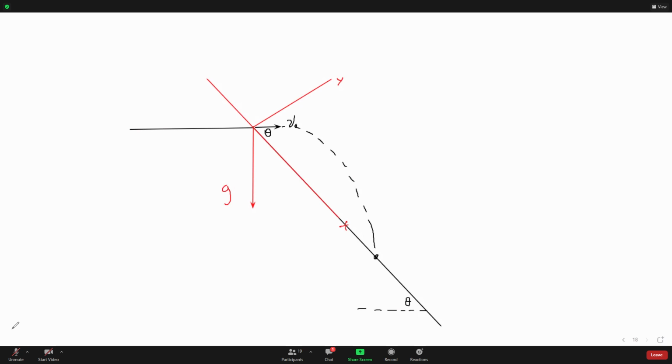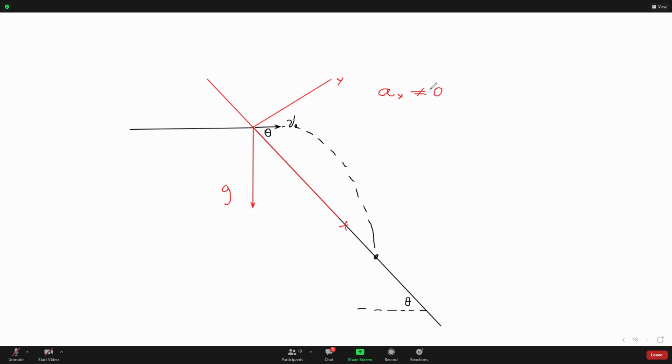Now, I'm basically solving a problem in which I'm launching at an angle theta on a horizontal plane because I've rotated my coordinates to make it more simple. But there's a price I pay. And the price I pay is the acceleration due to gravity in the x direction is no longer 0.